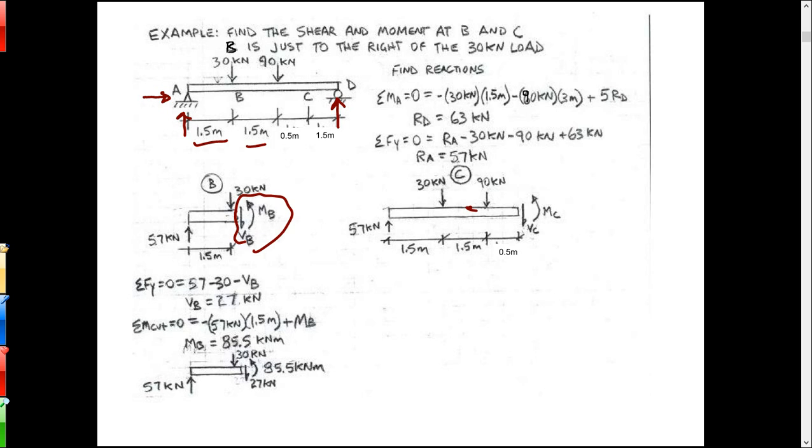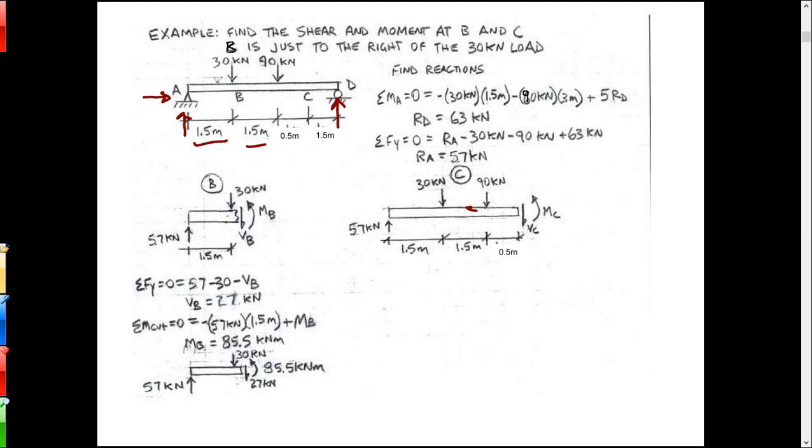So I've got a shear force that is positive downward, if you look at that sign convention at the top of the page. And then I've got a moment there that curls the beam up and is also positive. And what I would then do is find the internal shear and the internal moment.